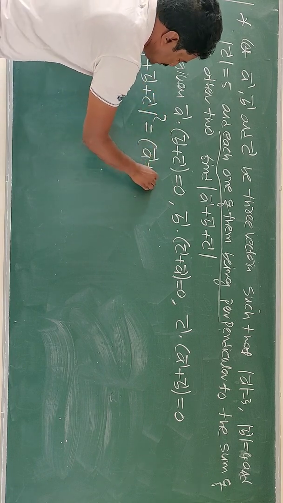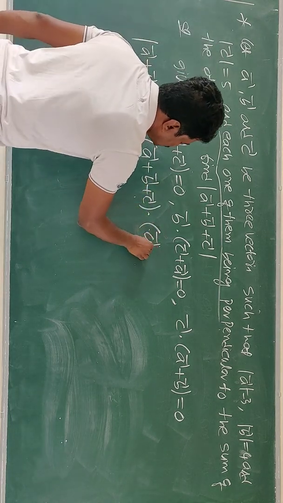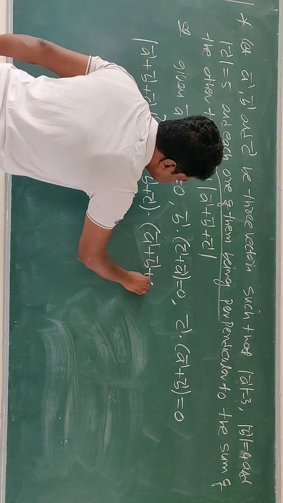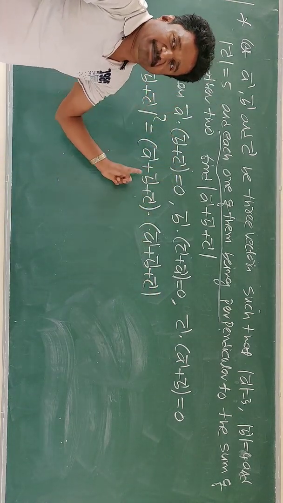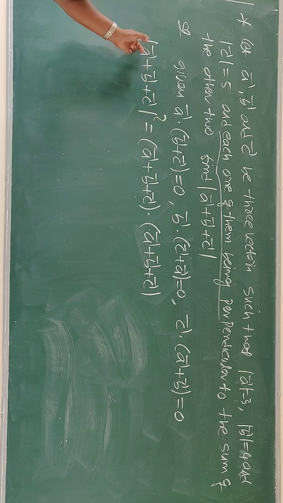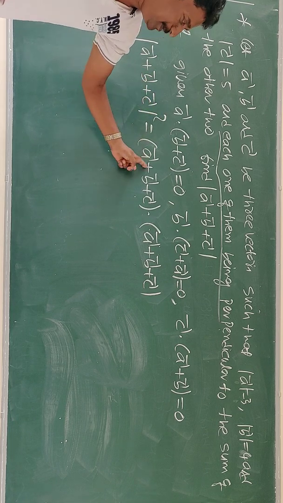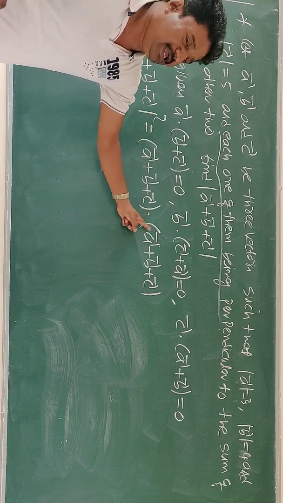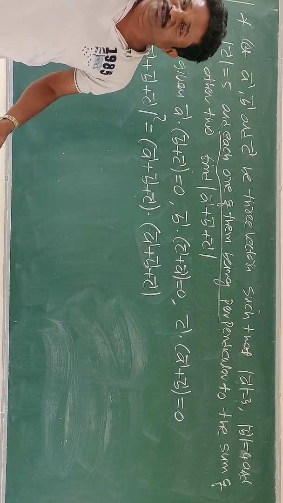It is (A plus B plus C) dot (A plus B plus C). In vectors, square means mod is required.